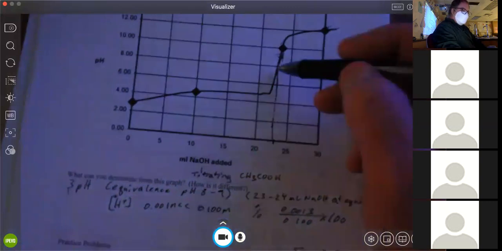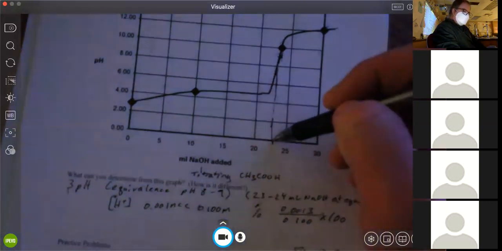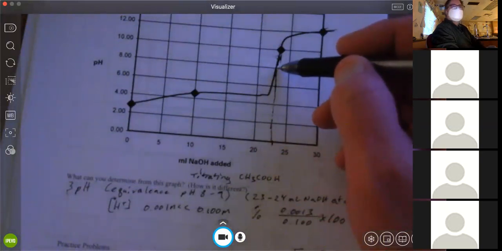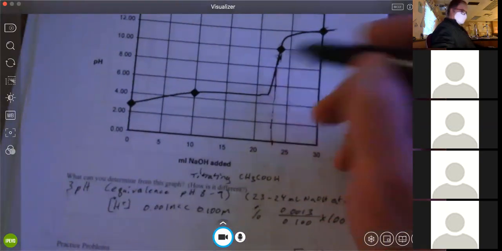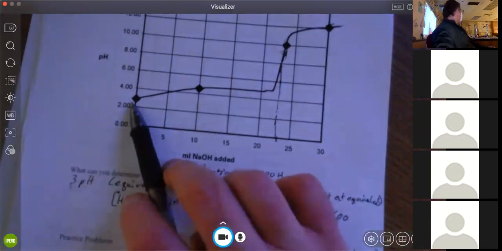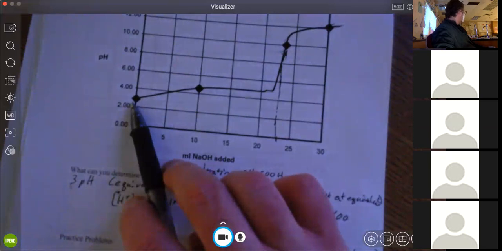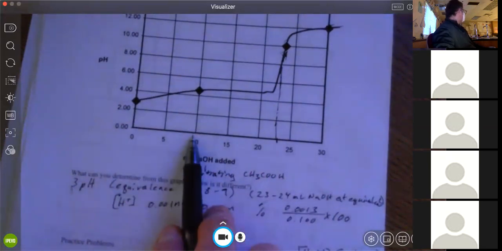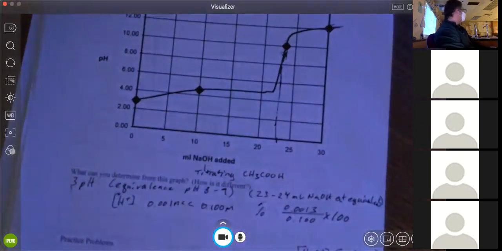If this is when all of the weak acid is gone, where's the point that we would have half weak acid and half conjugate base? This is where we have only the weak acid. As we add the NaOH, the weak acid becomes neutralized, right?